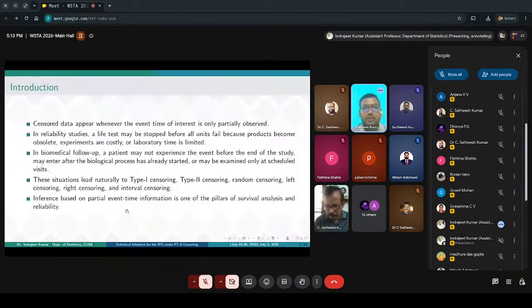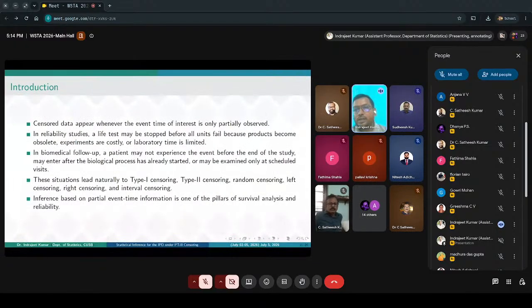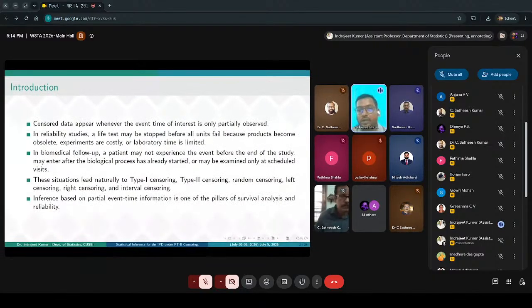So what is censoring? Censored data appears whenever the event time of interest is only partially observed. When we conduct an experiment, like testing electric bulbs or medical patients, we can observe either complete information or partial information.